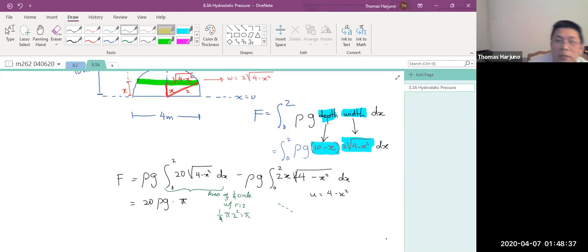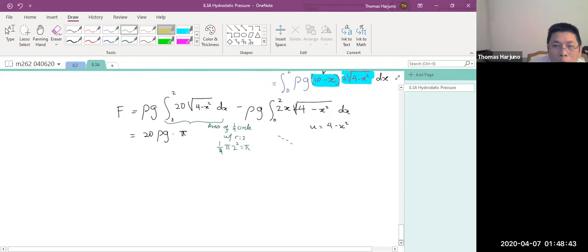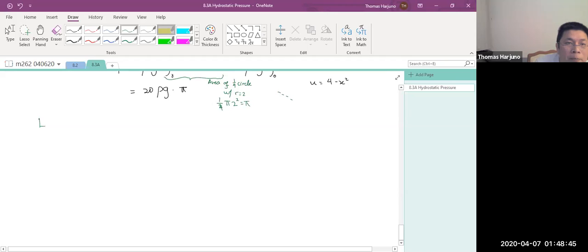Now, in the last around 10 minutes, let me do one more problem, but this time I will do a problem from the book. For example, I pick problem number, which one is good? Maybe number 8. So we have water here. This is the water.